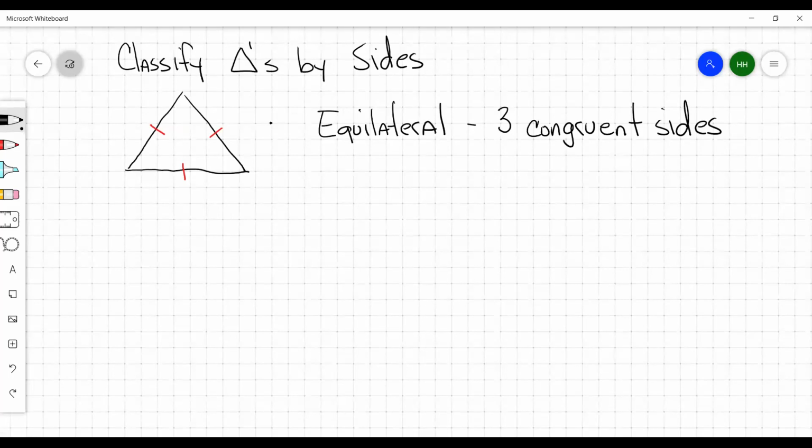Isosceles triangle. Isosceles triangles, those have at least two congruent sides.